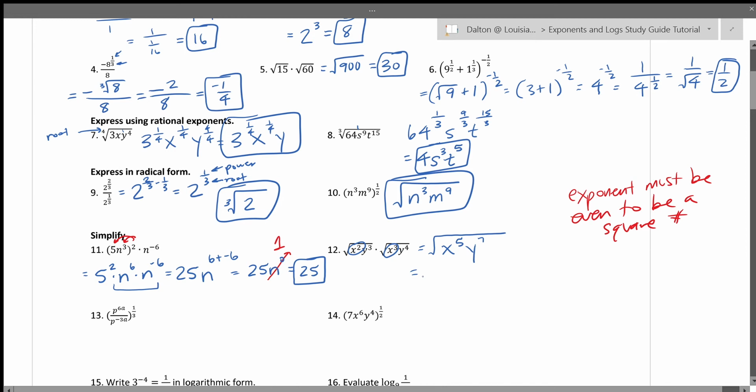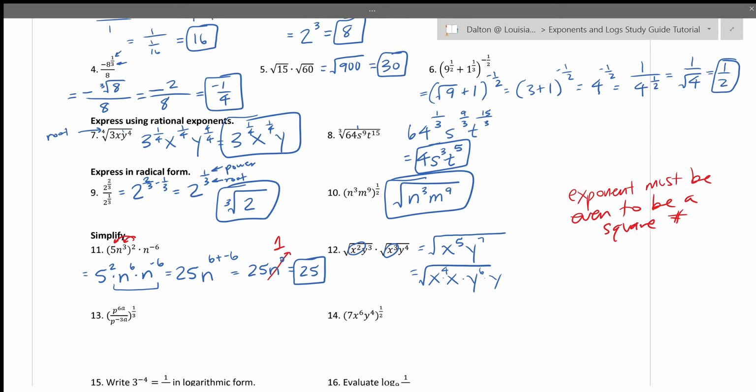They're not even. So I'm going to break those numbers up into the number just below them that is even. So instead of x to the 5th, I'm going to break that up as x to the 4th times x. And similarly with y, that'll be y to the 6th times y. And then when I actually take the square root of these numbers, I'm going to bring them to the outside of the radical.